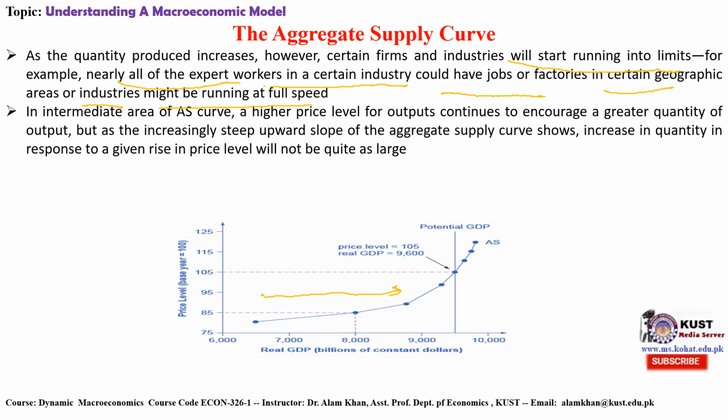In the intermediate area of the aggregate supply curve, a higher price level for output continues to encourage a greater quantity of output, but the increasingly steep upward slope of the aggregate supply curve shows the increase in quantity in response to a given rise in price level. Yes, look at this part. When there is an increase in prices, ultimately there will be an increase in quantity supplied, but not quite as large as in this part.